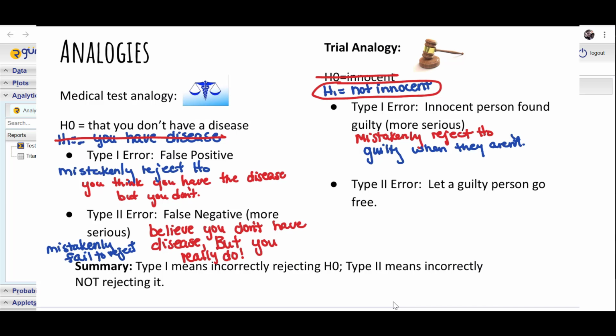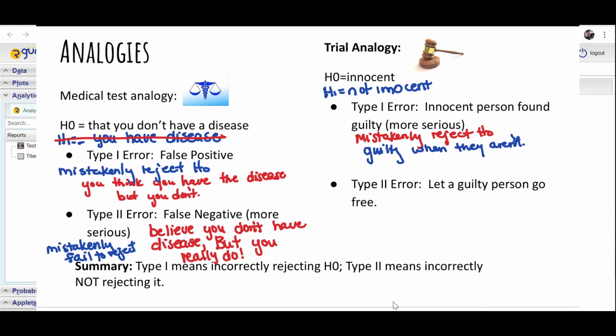So a type 2 error, let me rewrite this. Is when you fail to reject the null, but you really shouldn't.